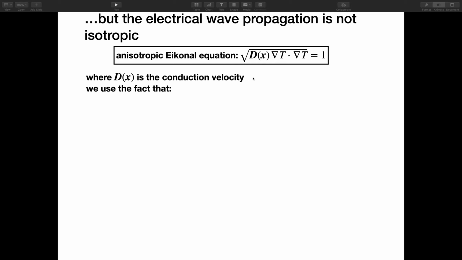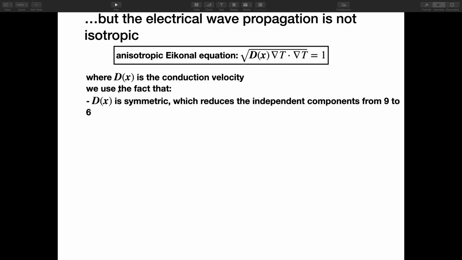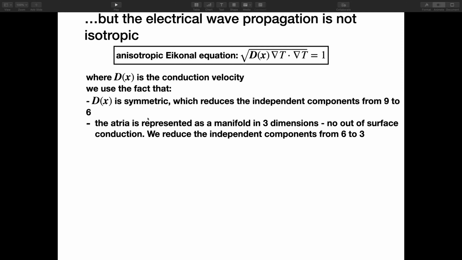And so we use a couple of facts to simplify this problem a little bit. We use that D is a symmetric tensor, and so we reduce the independent components that we need to estimate from 9 to 6, because these are tensors in 3 dimensions. Then we know that the atria is represented as a manifold in a 3-dimensional space, so there is no out-of-surface conduction.